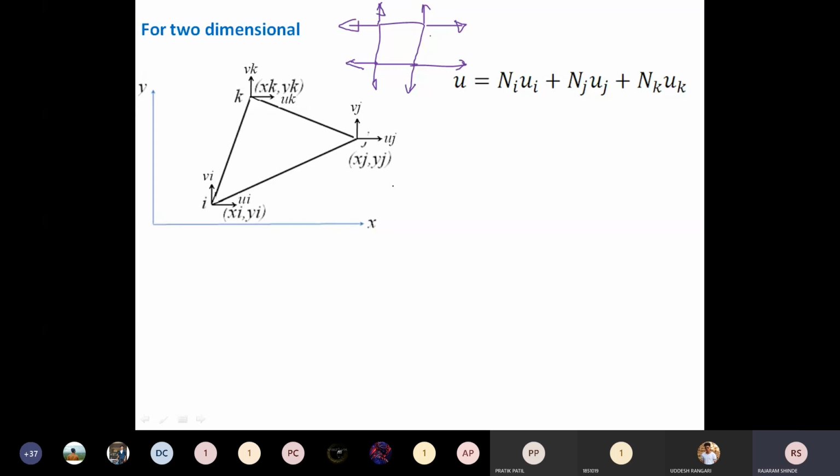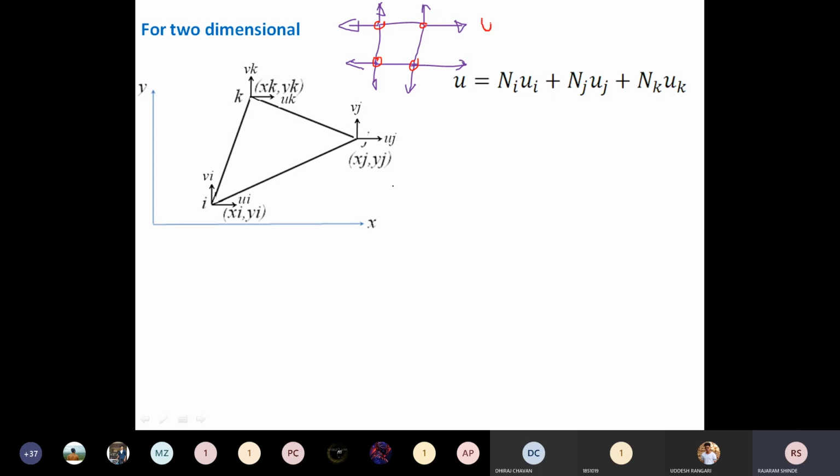It has four nodes here, one node is here, one here, one here, and the last node is at this location. That is nodes 1, 2, 3, 4.